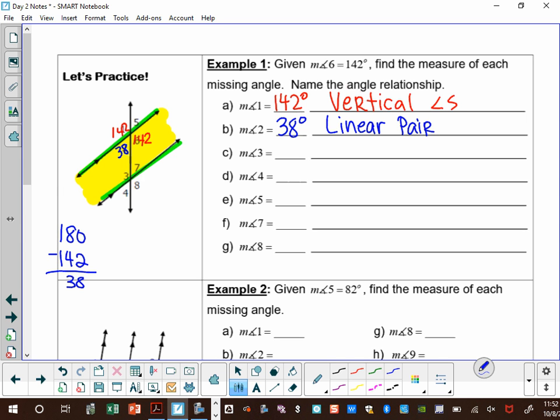It's vertical to angle 2, so it's going to be 38, good. So I can figure out that angle 5 is going to be 38 degrees because it is vertical. Which angle number was that? Vertical to angle 2? Yes, angle 5 is vertical to angle 2.